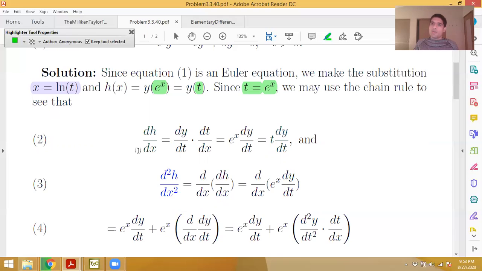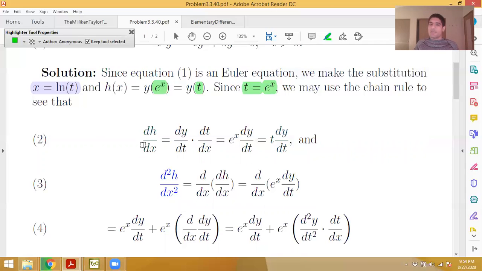So now, if we go back to our first goal, we want to know the relationship between h prime, by which I more specifically mean dh dx, the x derivative of h, with y prime, namely the t derivative of y.